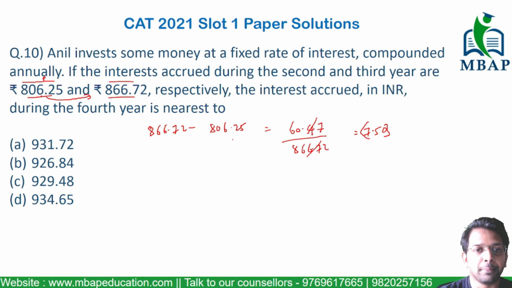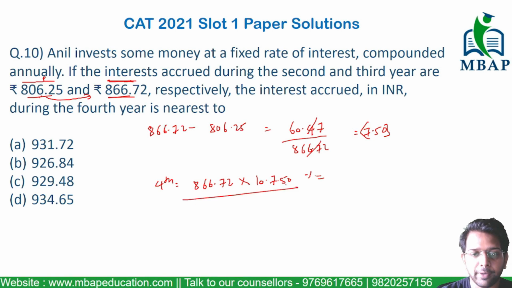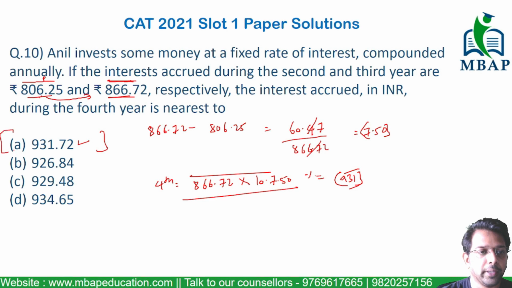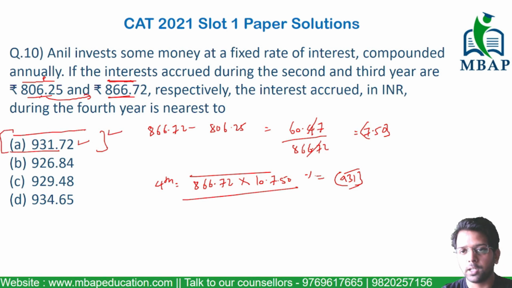So if in my second year the value is 806.25, in my third year it is 866.72, then in the fourth year it will be 866.72 plus 7.5% more, which is 107.5%, and this value will add up to closely 931.5 or .6. The closest answer that you can mark for this question will be option A.